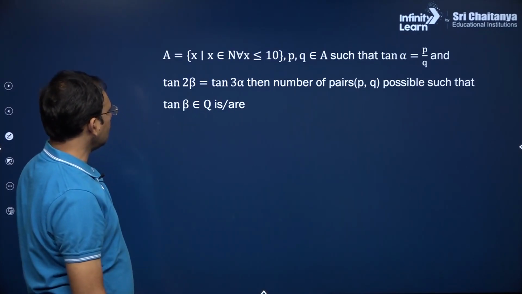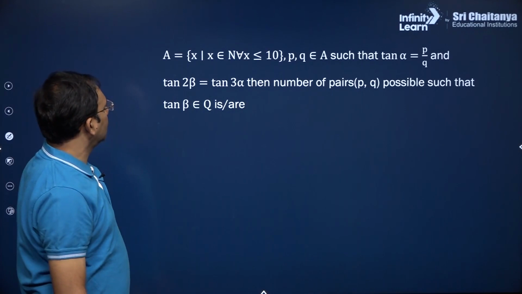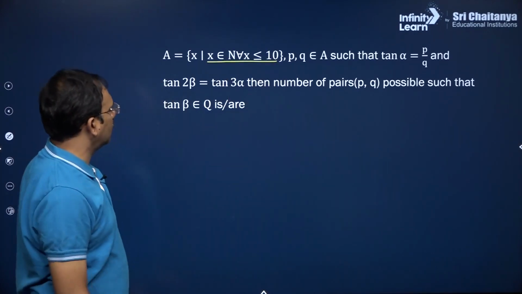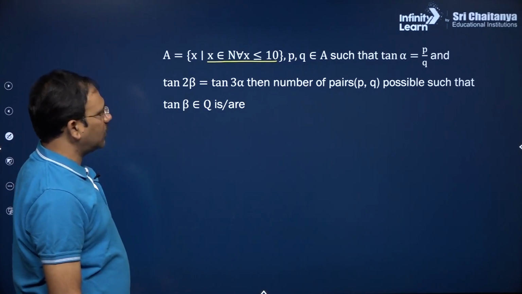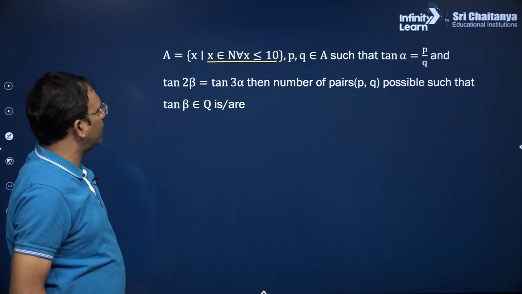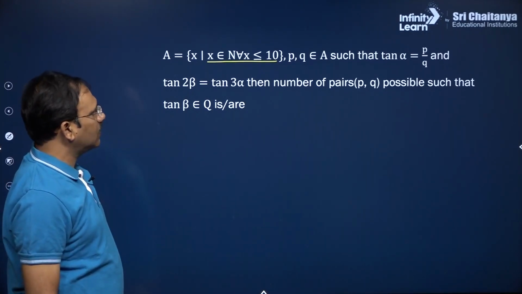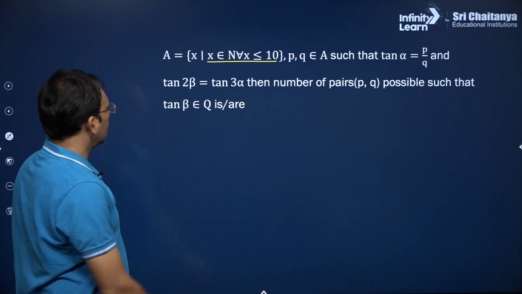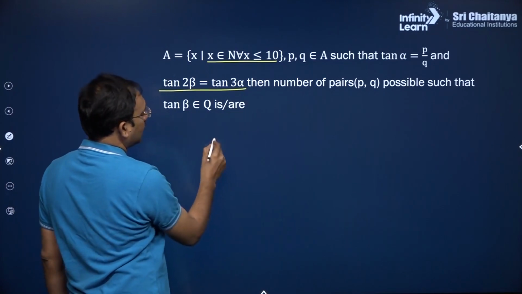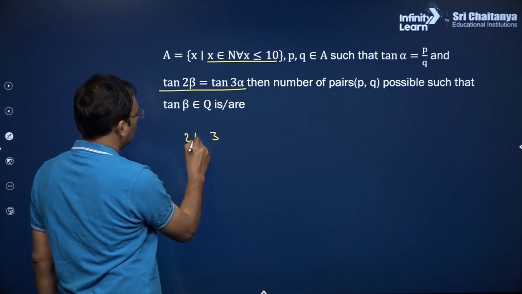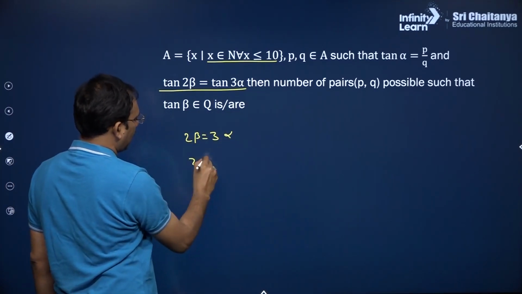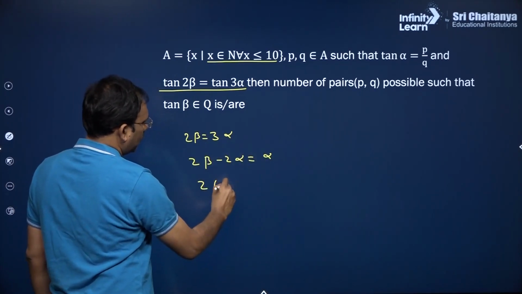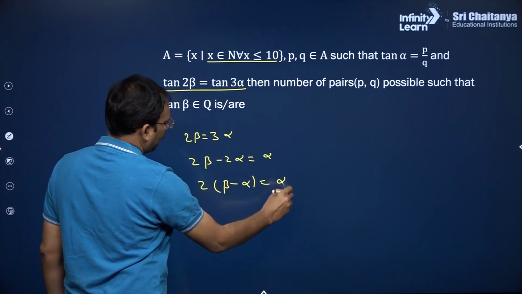Next, you see in this question, x is a natural number, x less than or equal to 10. So that means 1, 2, 3 and so on up to 10. P comma Q both belong to A. Tan alpha is given as p by q, my dear friends. Tan beta is given as tan 3 alpha, in the sense you can take 2 beta is equal to 3 alpha, 2 beta minus 2 alpha is alpha, 2 into (beta minus alpha) is alpha.